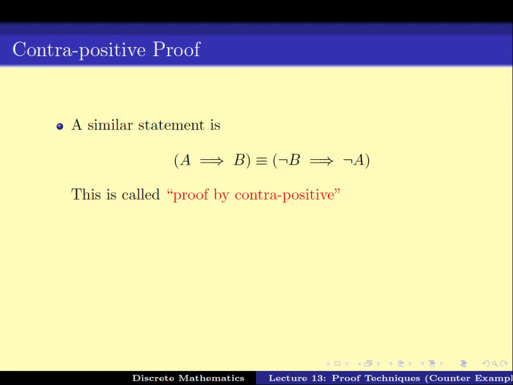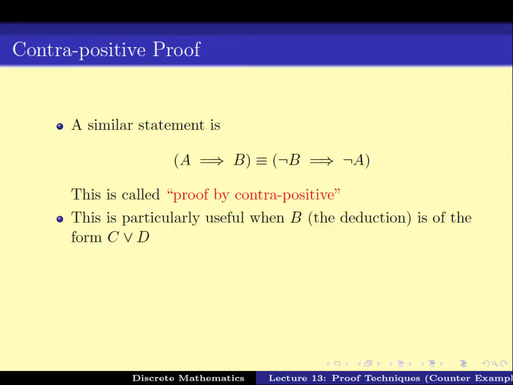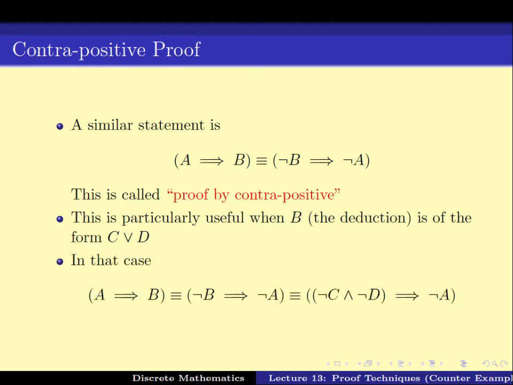So in particular, if B can be written in the form C or D, then A implies B, which is the same as not B implies not A, is the same as not C and not D implies not A. So this form of not C and not D implies not A is sometimes easier to prove.